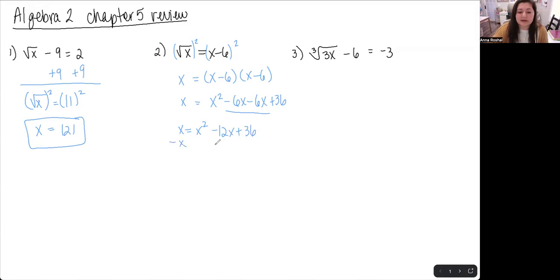I'm going to subtract x from both sides. x squared minus 13x plus 36 equals 0. In this case, I know that I can factor, and my factors of 36 are 1 and 36, 2 and 18, 3 and 12. So far, nothing.